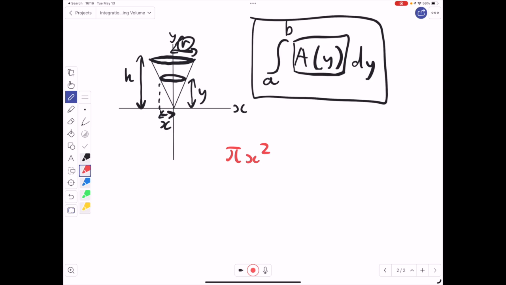We can take the height of the whole cone and put the height of the cross-section above the x-axis up here, and that is equal to x over r because it's the radii of the two circles. Now this is true, therefore we can multiply both sides by r. So this becomes x equals yr over h.